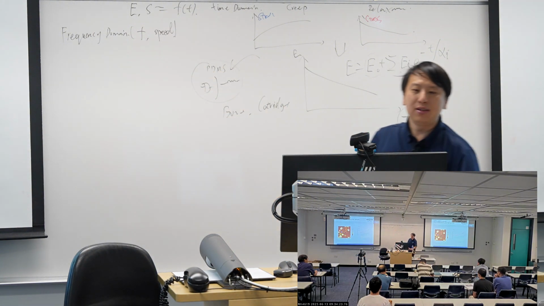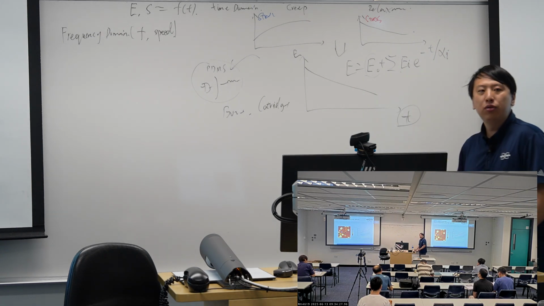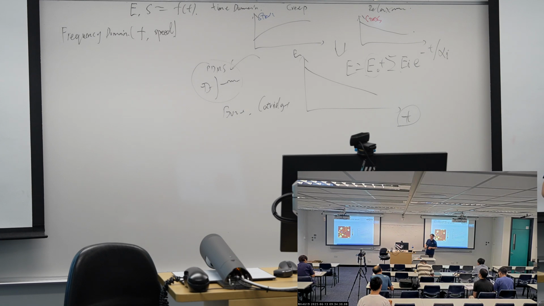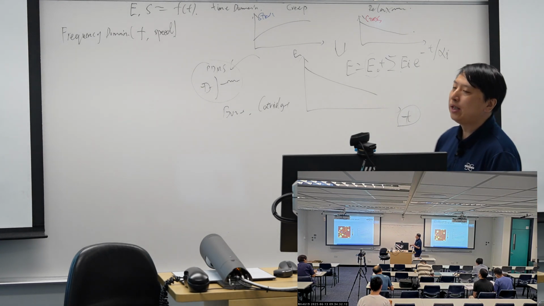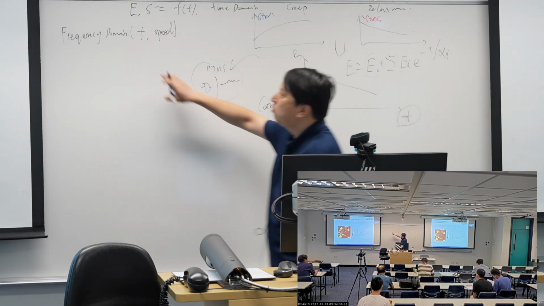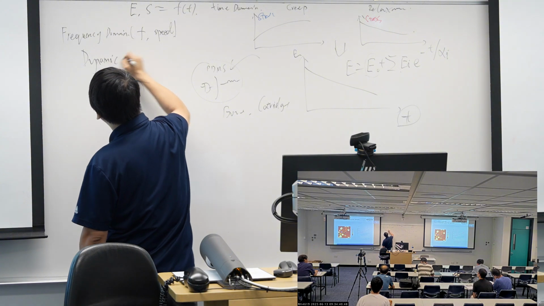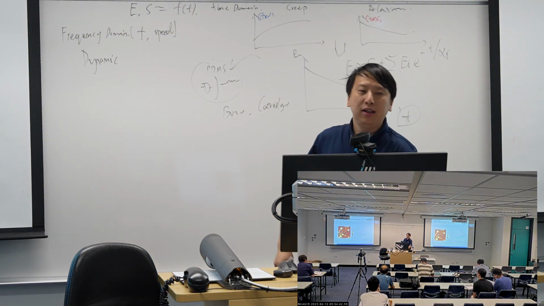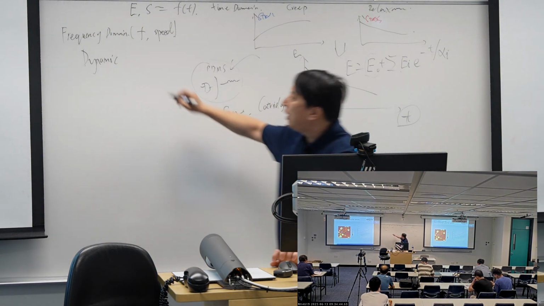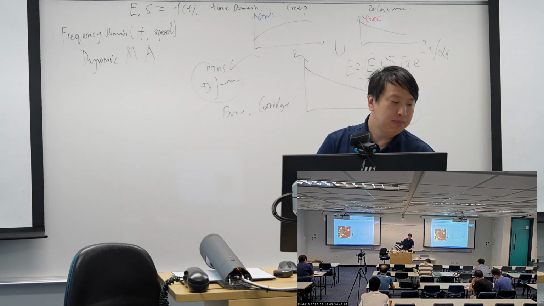So if we just consider at different speeds how this material responds to my force, that's the way we can also measure the viscoelasticity. And this way we call it a dynamic way. And as such, they define their name as dynamic mechanical analysis. That's the DMA.